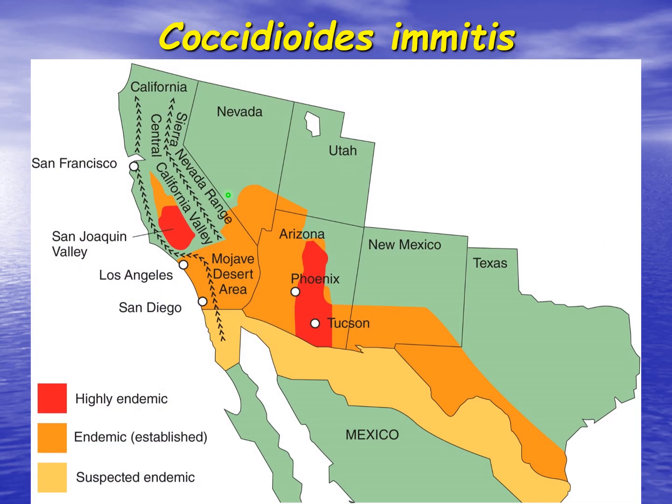So this is just showing the endemic areas of Coccidioides. And so you can see here southern Arizona, San Joaquin Valley of California, but the Mojave Desert. So this whole area is pretty dry and arid in its soil composition.